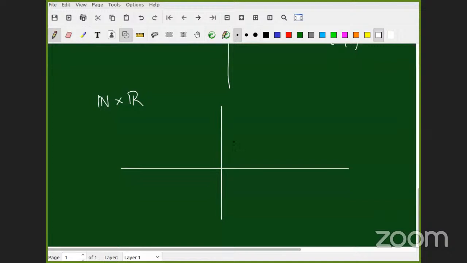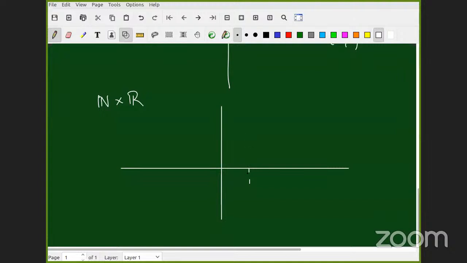Jayashree, R1. 1, 0. Very good. But can you say something much more general rather than saying a point? I'll draw one. Then you say what are all the other points that will come. 1, 0. Then 1, 1/2.